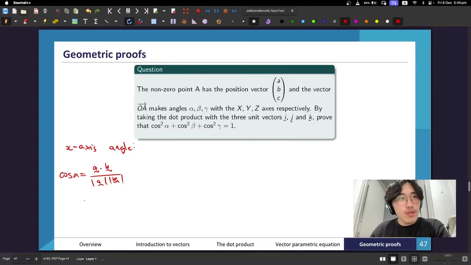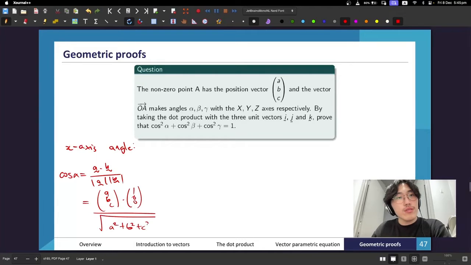Okay, so this actually becomes (a, b, c) dot (1, 0, 0) all over root a squared plus b squared plus c squared, which just becomes a on root a squared plus b squared plus c squared.